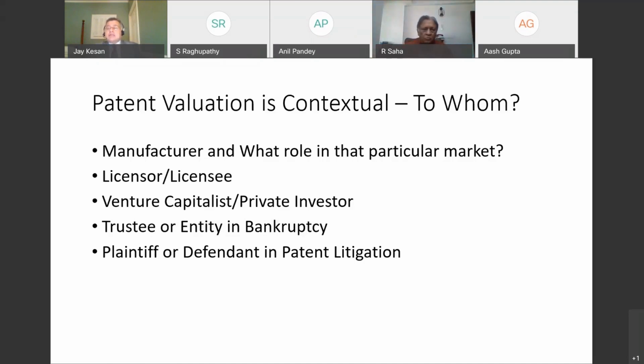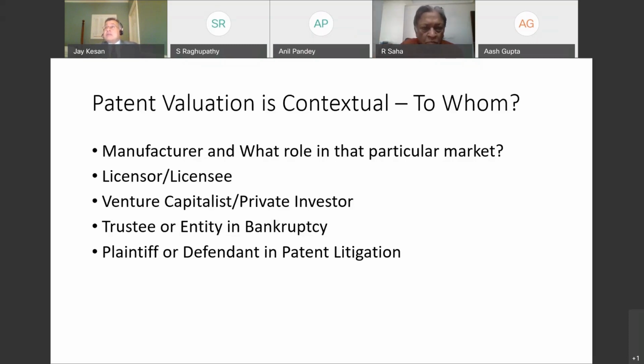Along the same lines, if you are a trustee in charge of an entity that is in bankruptcy, then as a trustee, your role is to maximize the size of the bankruptcy estate. And so you might take all the IP and leverage that IP as best as you can.